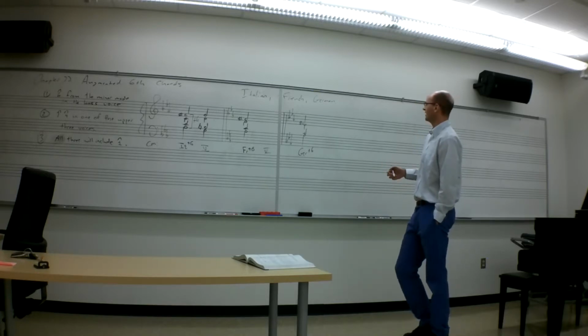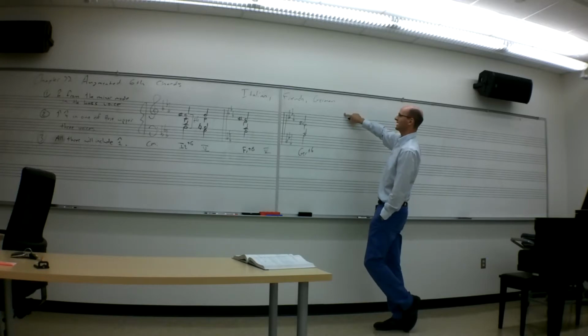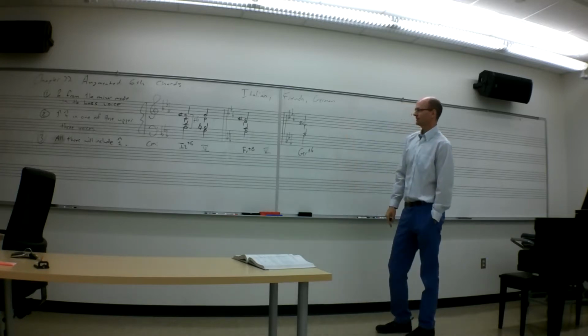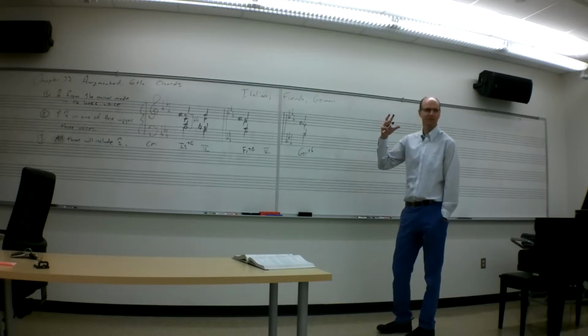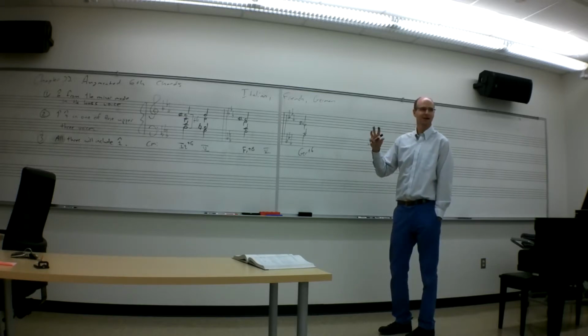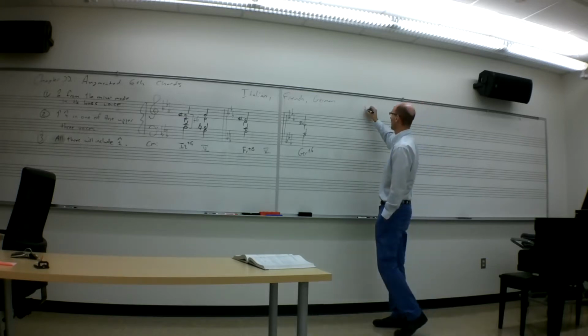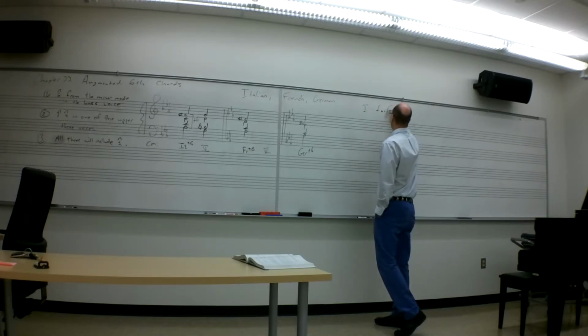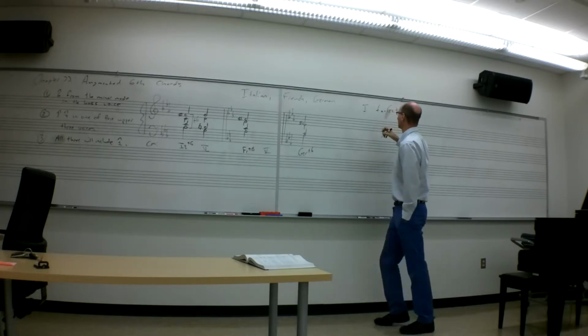Now, I don't know if this is helpful for any of you, but when I was a graduate student TA, one of my students came up to me and said she remembers the difference between the Italian, French, and German by a quasi-acronym called I-for-get.